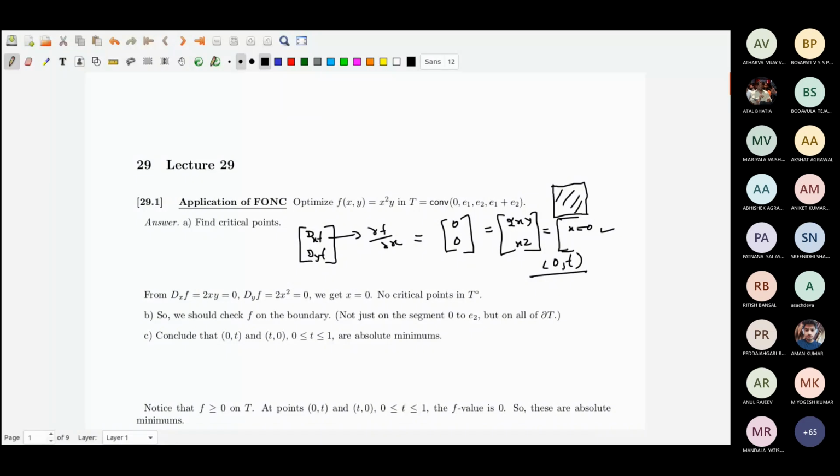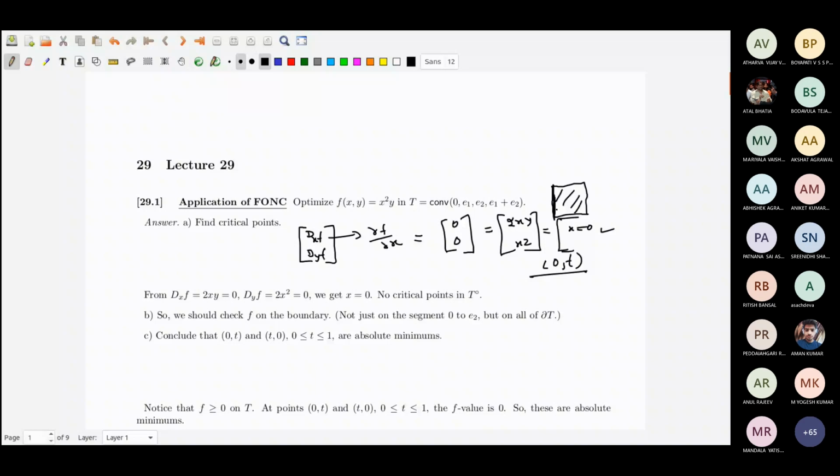And when you are checking the boundary, do not just check the points of the form (0, t). (0, t) is the left side, the segment that contains (0, 0) to (0, 1). But do not just check it there, you will actually have to check at all the boundary points. Okay, fine, no problem. What else?